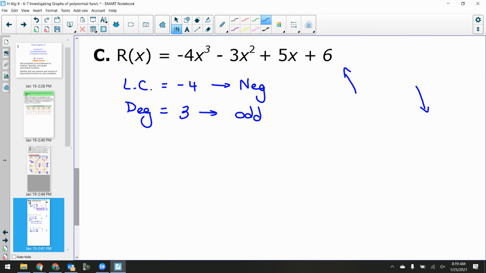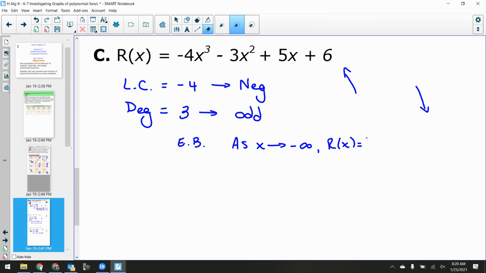Okay, so that means the end behavior looks like this. As x goes to the left, the function, looks like it's r of x this time. The pirate's favorite function, r of x. I don't know, I just made that up. The function, on the left, it goes up. R of x approaches positive infinity.